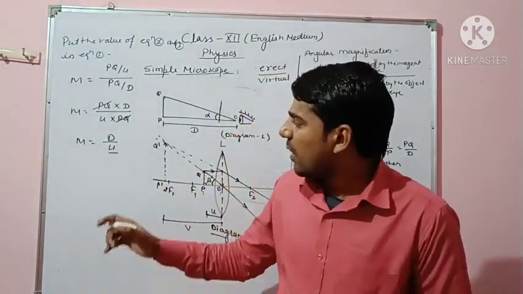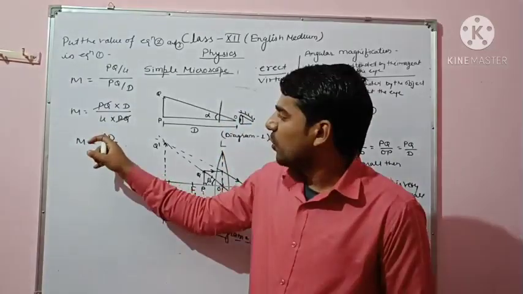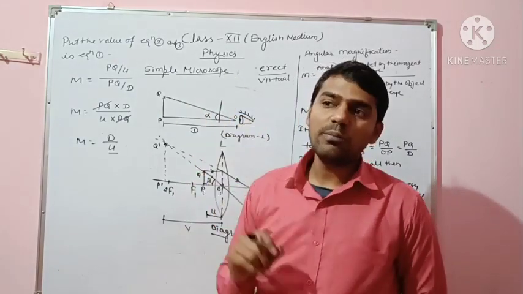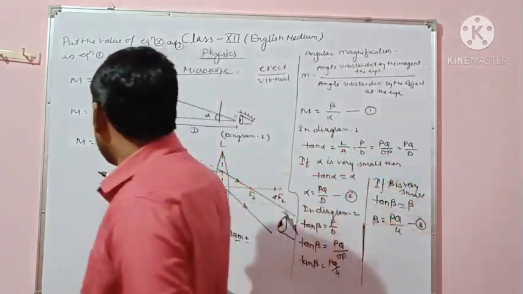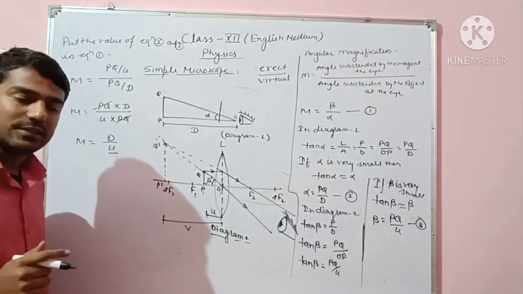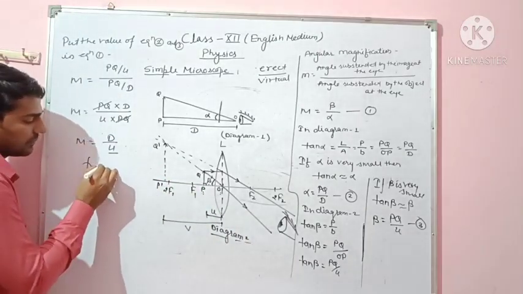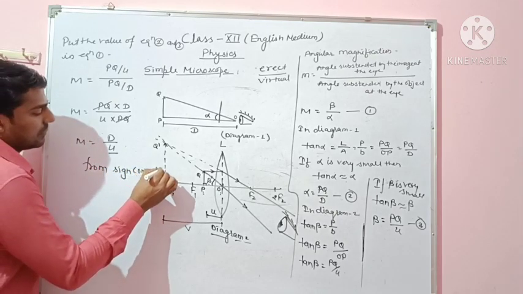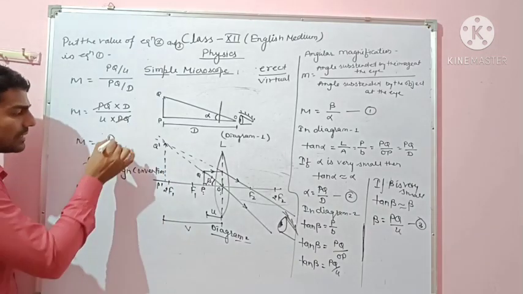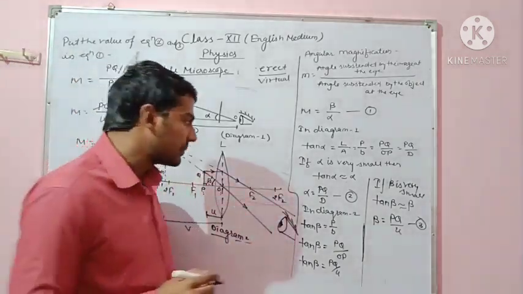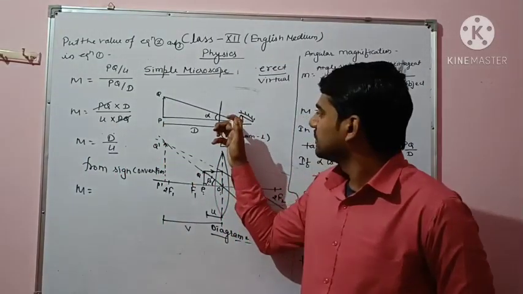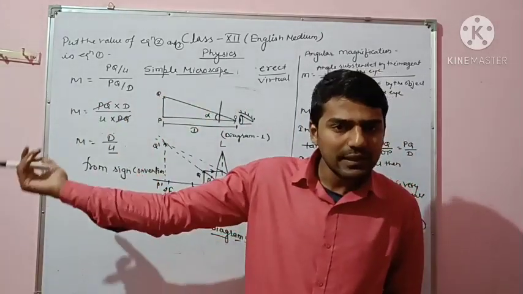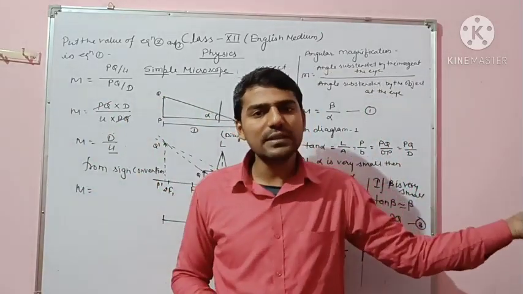This is the formula of angular magnification of a simple magnifier, simple microscope or magnifying lens. We apply the sign convention here. Let us consider this is the origin. This side distance from the origin is negative and this side distance from the origin is positive.